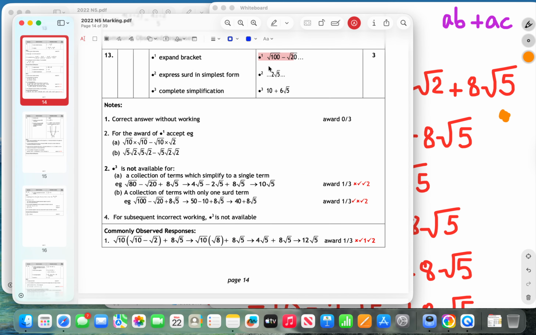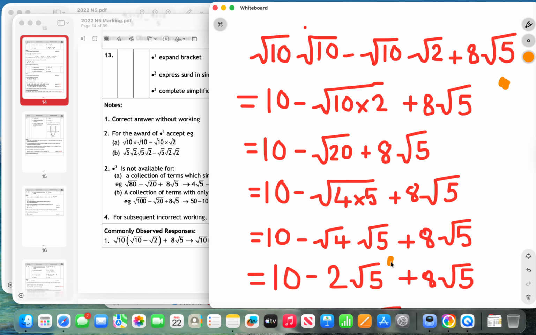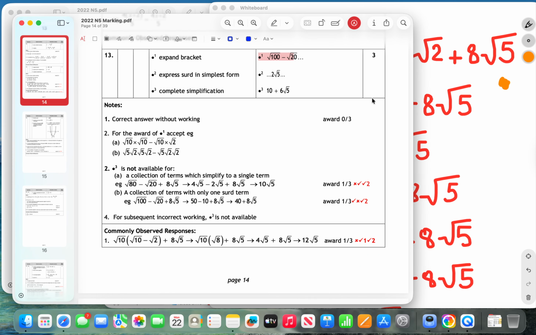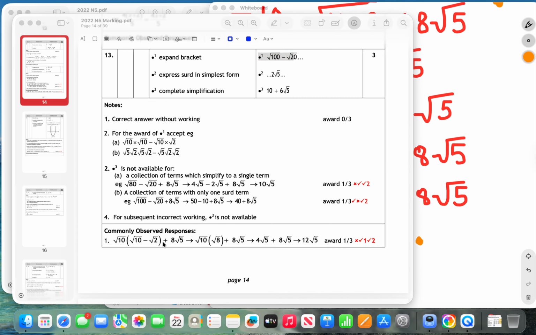The second would be getting the 2 root 5, and the third mark is for the final answer. Now, you don't get any marks if you don't show the working. The reason is because they are assessing your knowledge and ability to apply the laws of surds. But if you just write an answer down, you're not showing that you know those and you can apply those.